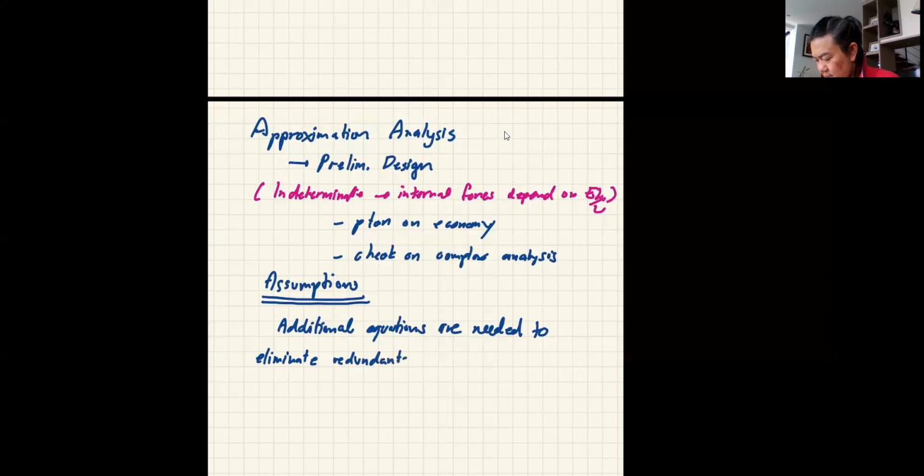Do you still remember what redundants are? Okay, when you look at the structure, when you have too many reactions, you can't solve them directly because of the redundants, correct? So we are going to need to come up with some equations to help eliminate those redundants. And that has to be based on sound engineering judgment.